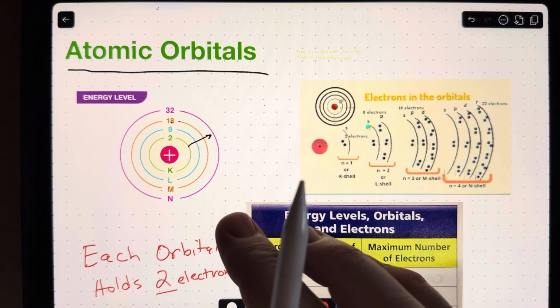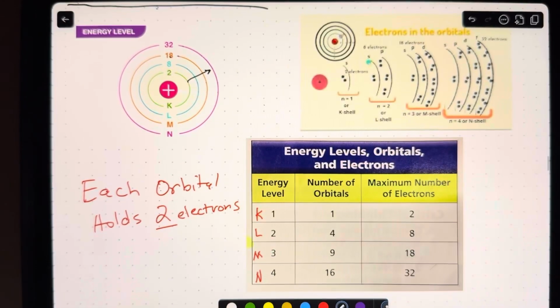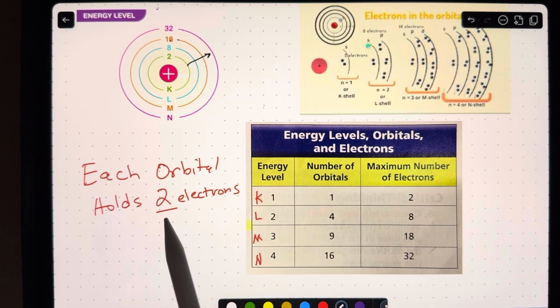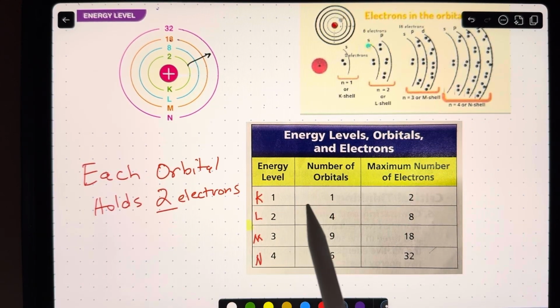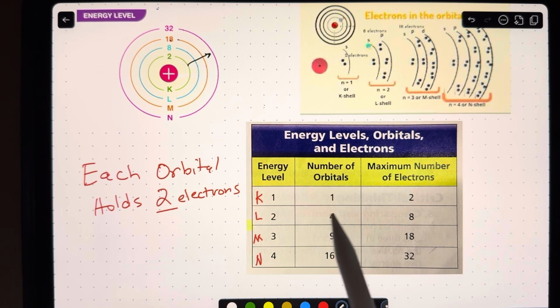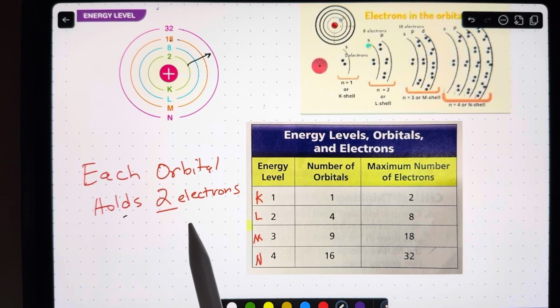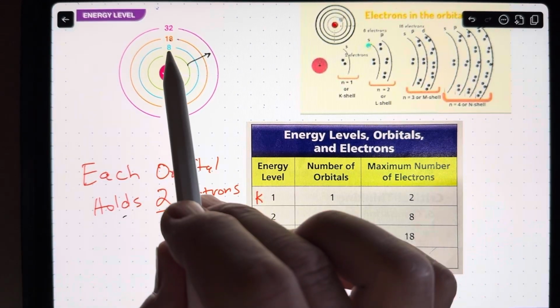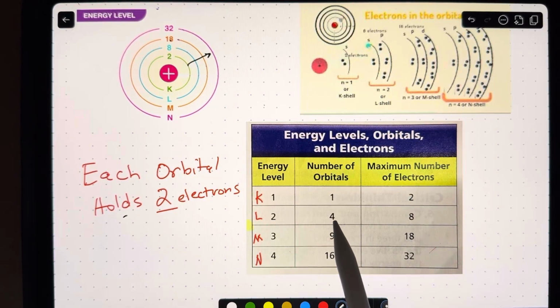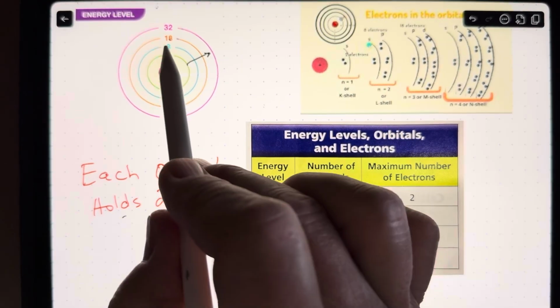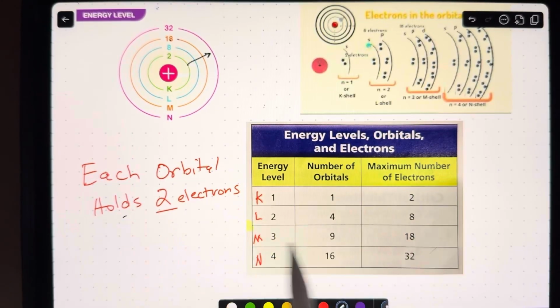And then each orbital has to hold, I can't remember what I did there. So energy level 1, number of orbitals, 2 electrons. Oh, this is just showing you the different orbitals. It says each orbital holds 2 electrons. So in this one here, this 8, there are 4 orbitals that hold 2 electrons. So that means that total shell holds 8 electrons.